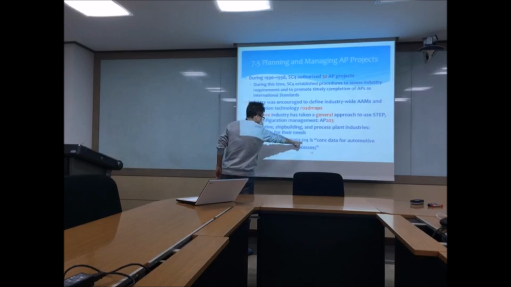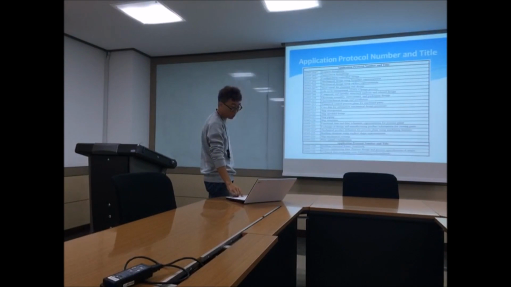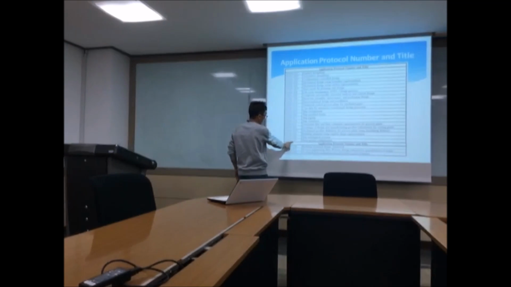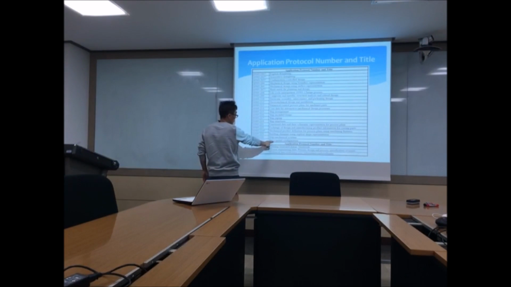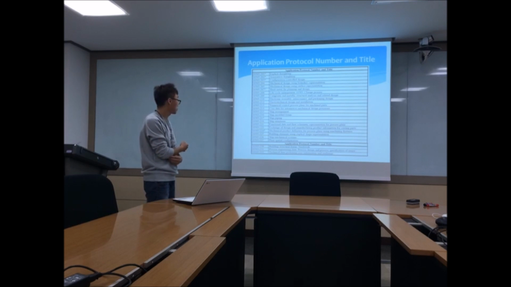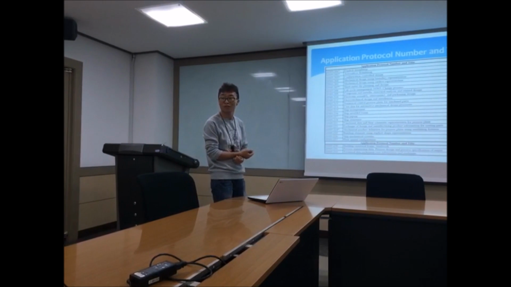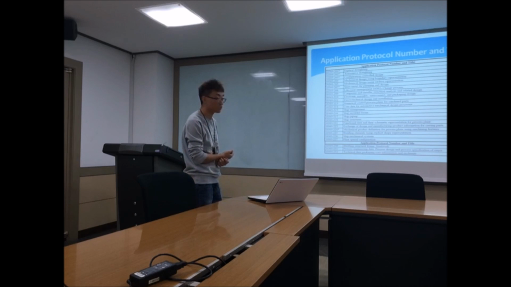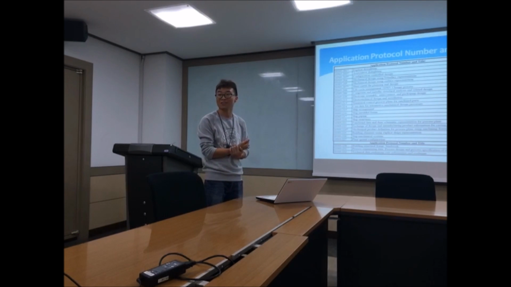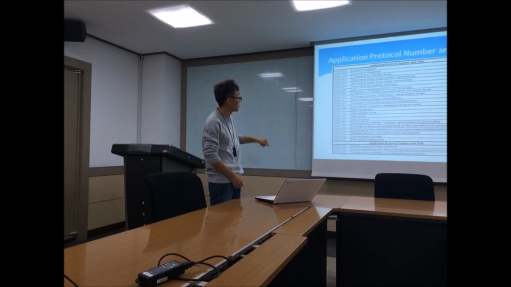The different numbers represent different APs. For example, 227 represents plant spatial configuration, and 222 represents ship mechanical systems. ISO 10303 is STEP, and within this STEP we have a lot of different items.